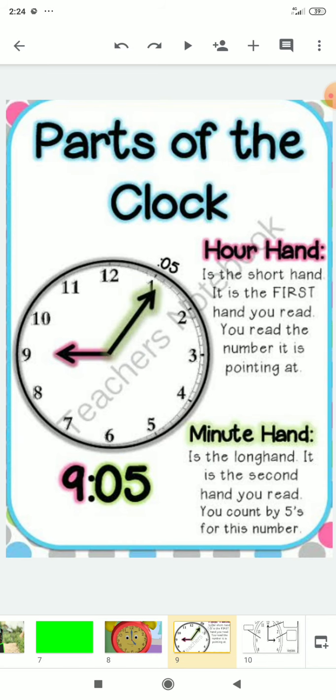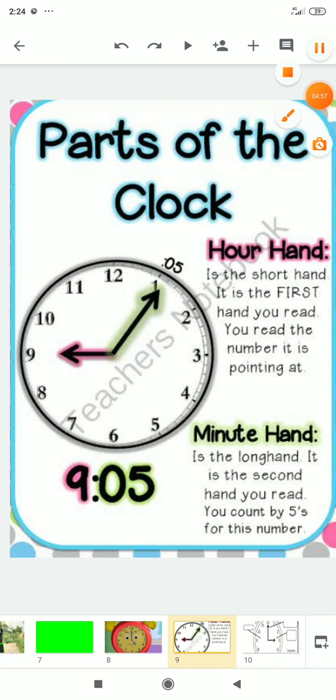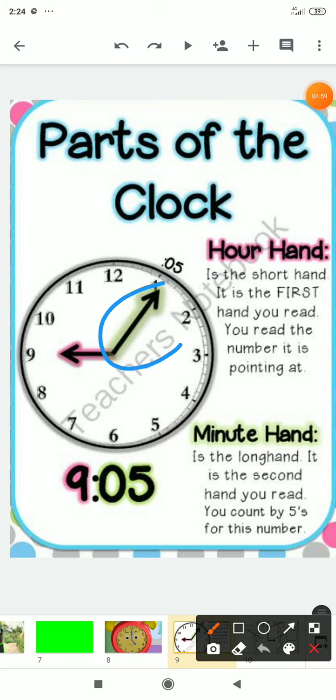Now we will discuss the long hand. The long hand is the second hand you read. You count by fives for this number. So, it is telling that the long hand is known as the minute hand, and this hand counts by 5, as it jumps from one number to the next number.